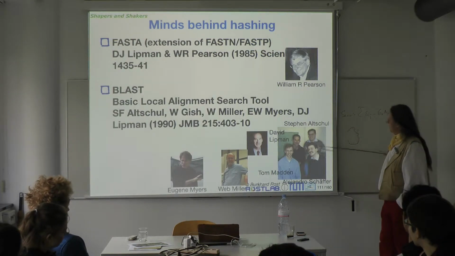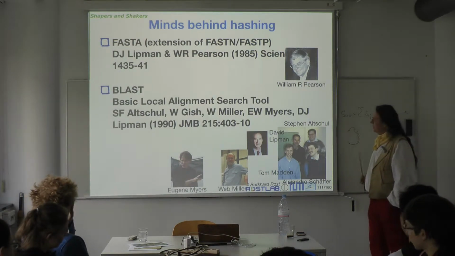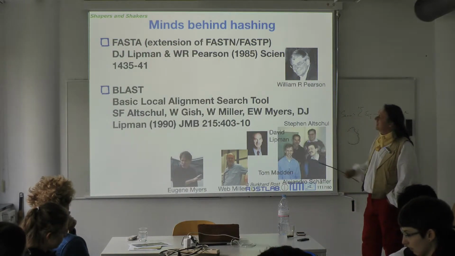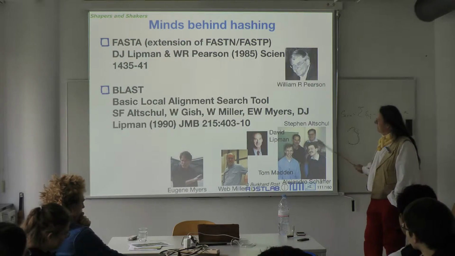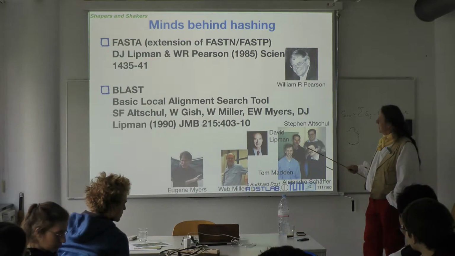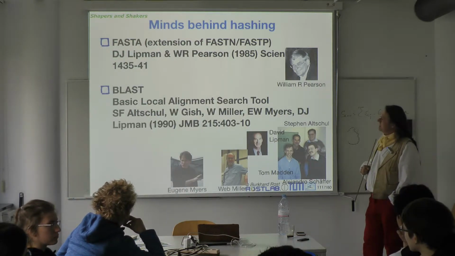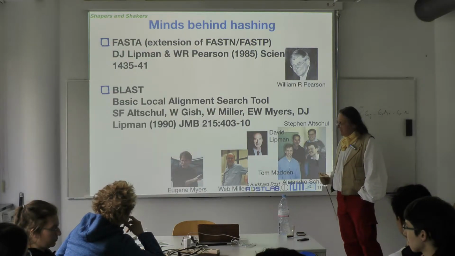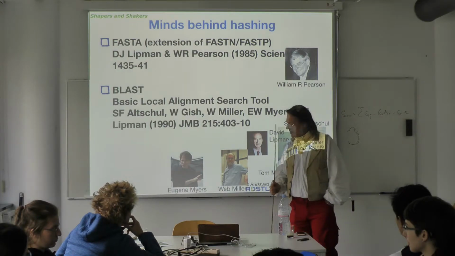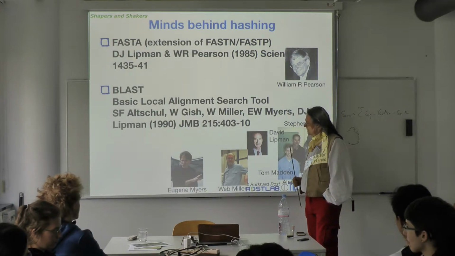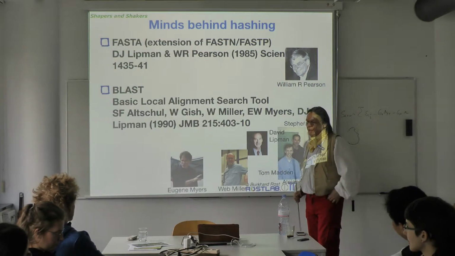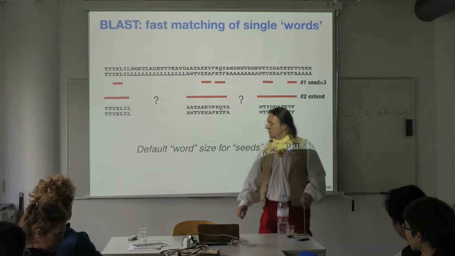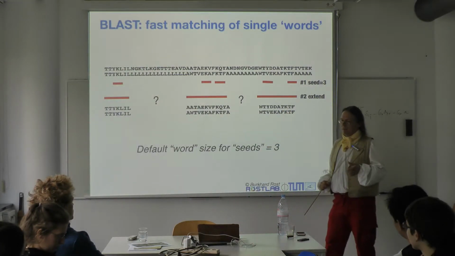And then there's BLAST, Stephen Altschul is here, and other people, Eugene Myers and Webb Miller, who were on the initial BLAST papers. I would argue, David Lipman is here again, that the main person behind BLAST really is Stephen Altschul. Webb Miller went ahead and actually did ancient sequencing of the mammoth, for instance. That's the project that he started. Eugene Myers was one of the people who assembled the human genome and now works on understanding neuroscience better.